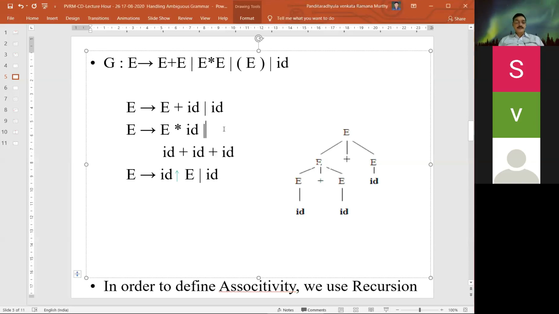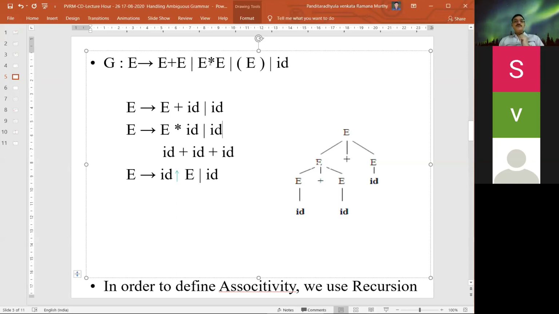Right, here what I am doing once again, for example, if ID also has the same two multiplication signs, instead of this E plus E, because here we are having two E's, the first E can be replaced by one more E plus E, or the first E can be replaced by one more E into E, or the second E can be replaced by E plus E, or E multiplication E. But we don't want that.